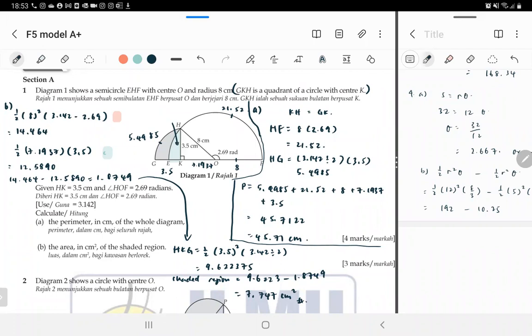For part A, you kind of need to form 2 equations. Okay, question number 1 settled.